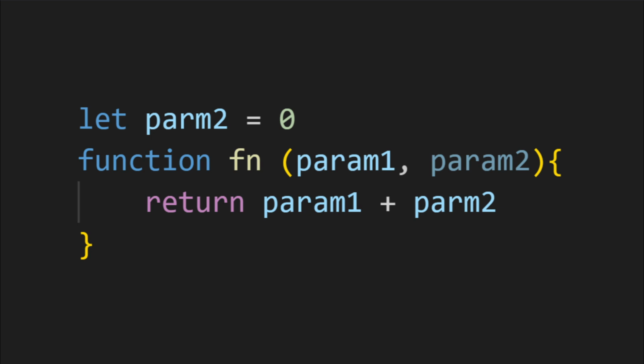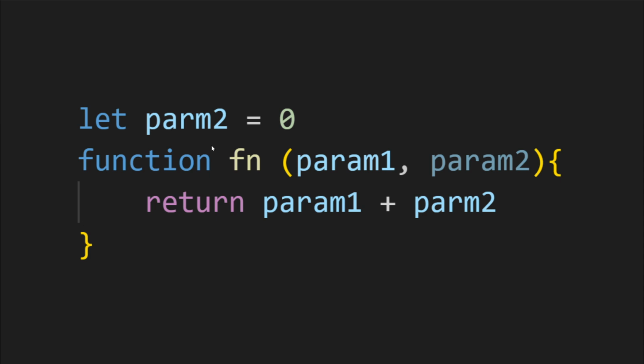This first example, let's say you have a function that takes parameter 1 and parameter 2 and then returns the addition between those two. Now let's say you have an outside variable called parm2, P-A-R-M-2. And let's say instead of writing parameter 2, you accidentally type in this outside variable parm2.